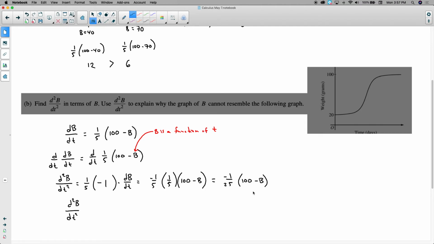Now the b values are the weights of the bird, and the weight of the bird can be between 20 and 100. At time 0, the weight of the bird was 20. The adult bird is 100, so this is my domain for b, which means that 100 minus b is always positive, which means this thing is always negative. Therefore, b, the original function, is concave down everywhere.